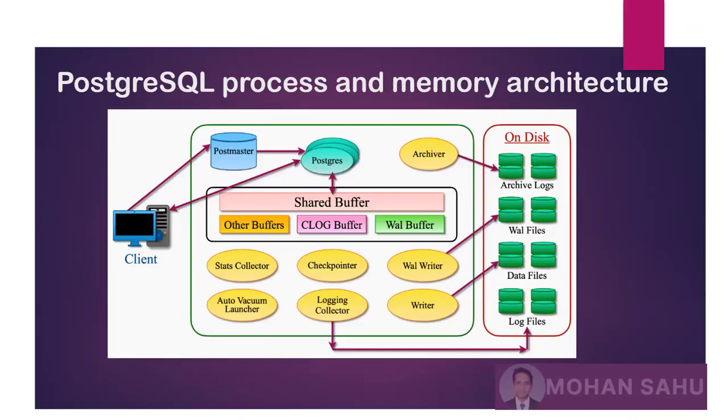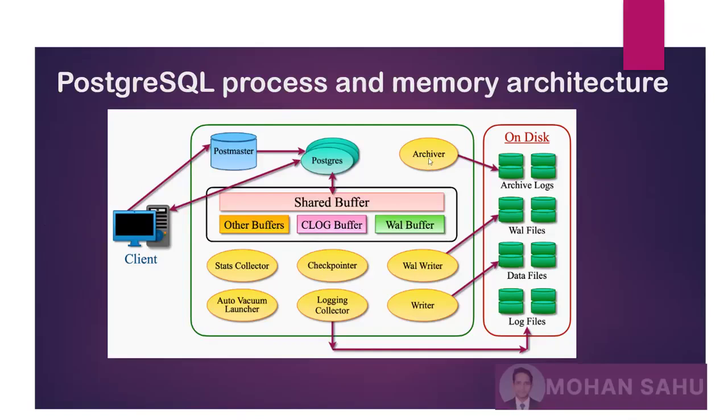If you have not watched the video, please watch that. After that we have the checkpointer. The checkpointer basically runs every 5 minutes, and it signals the BGWriter process to write all the dirty data from the shared buffer to the data files. So this is the work of the checkpointer. Till this point we covered yesterday.